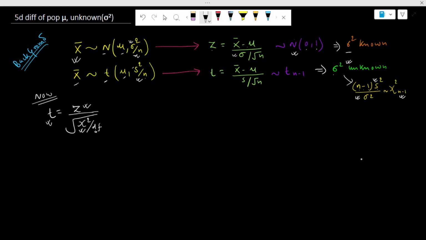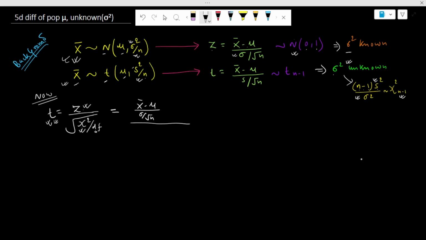Let us see the internal process of calculating the t-distribution with reference to these two conditions stated above. Our z-score is divided by our chi-square distribution.